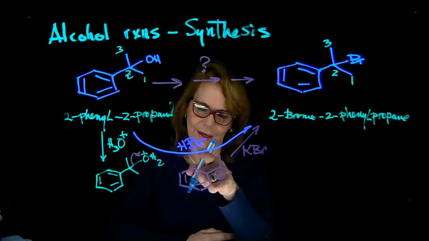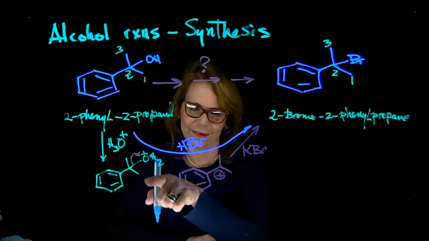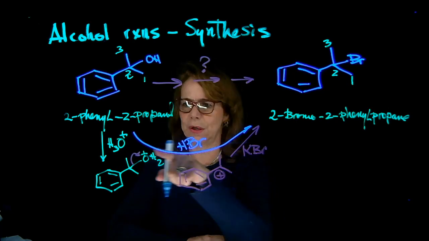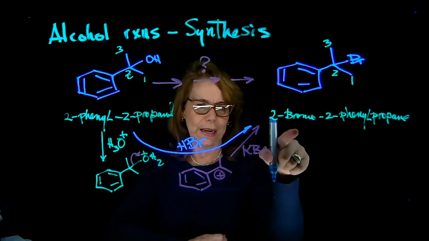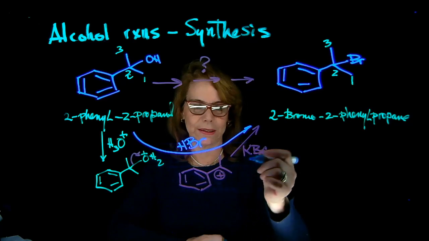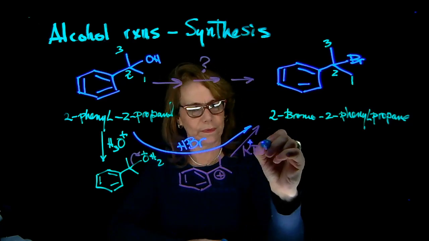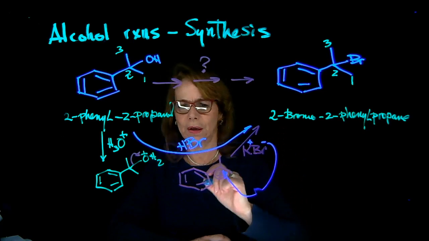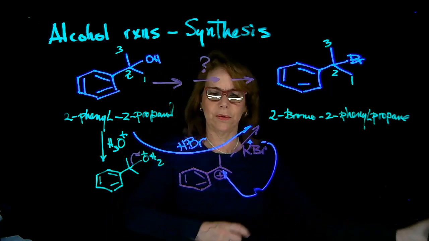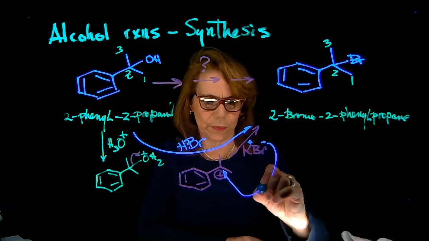It's not as efficient as using a strong acid, creating the carbocation, and then adding KBr. But you could do that: protonate, get a good leaving group, and then you will have the bromide do the nucleophilic attack. Here you have K plus, so you will have your nucleophilic attack over here. And if you use KBr or HBr, your nucleophile is the bromide.